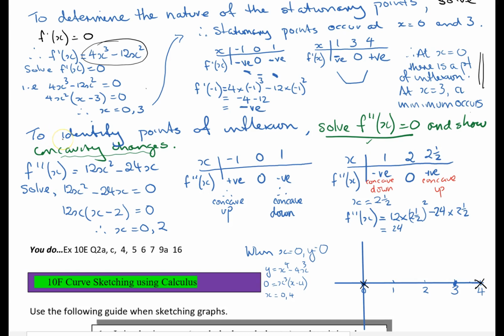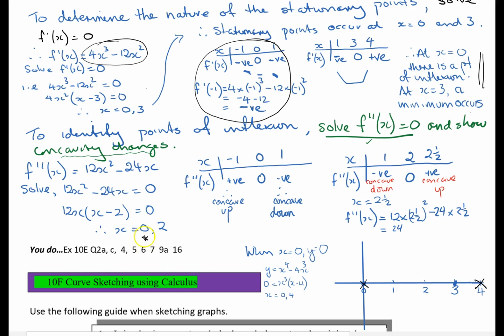Part 2 asked us to identify points of inflection, and to do that you must solve the second derivative equal to 0 and show that concavity changes. So the second derivative is 12x squared minus 24x. Solving it equal to 0, we get x equals 0, which we were expecting, because back here we established at x equals 0, not only is it stationary, but it's a point of inflection.